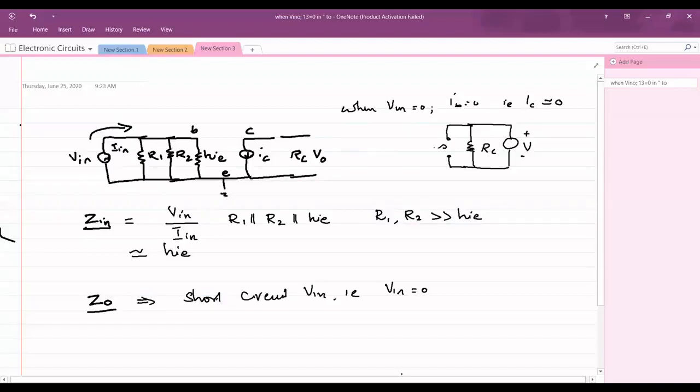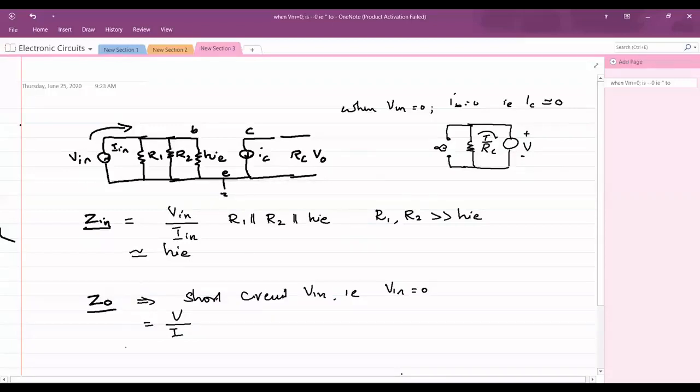So the current source IC becoming 0 is replaced by an open circuit. An open circuit will have an impedance of infinity. Therefore, the output impedance is equal to the test voltage V divided by the current drawn from the source. Let I be the current drawn from the source and V the applied voltage source.